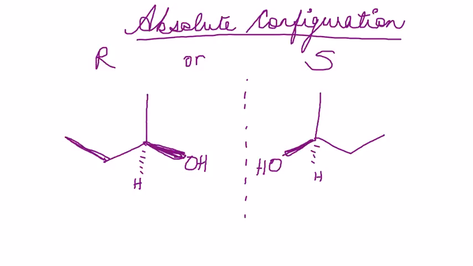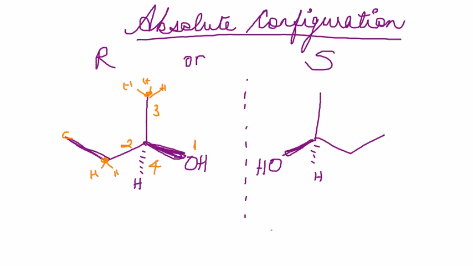So oxygen is going to get 1. Hydrogen obviously is going to get the last priority. Between the two carbons, since this is connected to hydrogen, hydrogen, and carbon, this is going to be your winner. So second priority. And this is going to be your third priority because it's connected to 3 hydrogens.